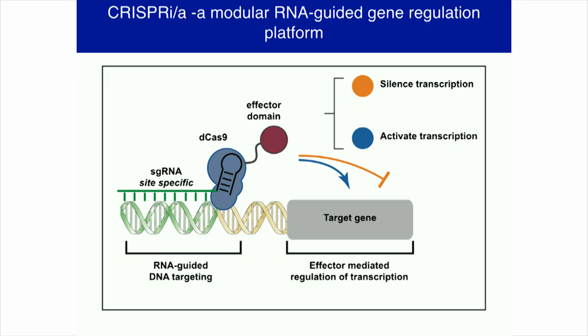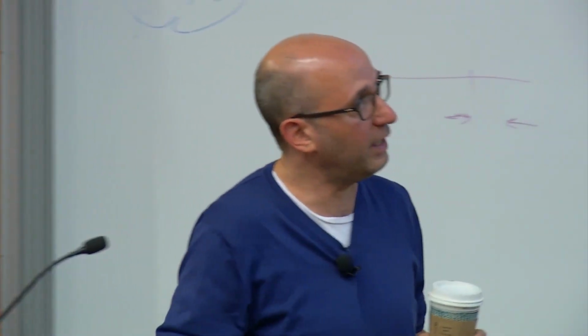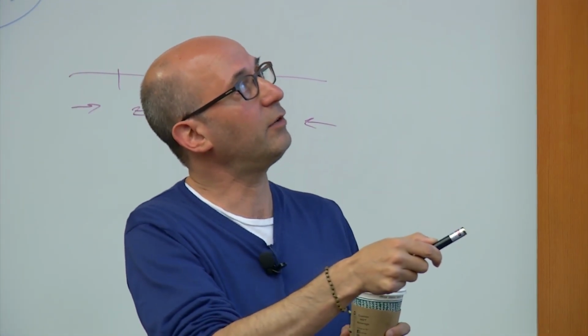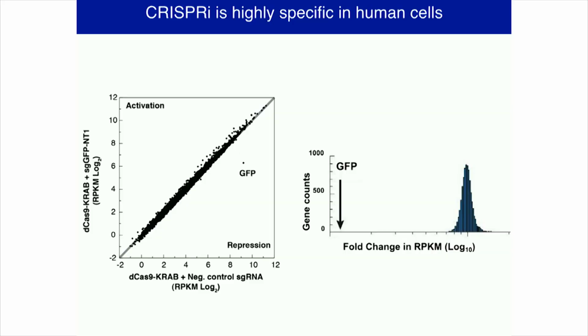And in this way, it allows you to turn on or off any gene of interest. And the beauty of this is that it's turned out to have a very high degree of specificity.